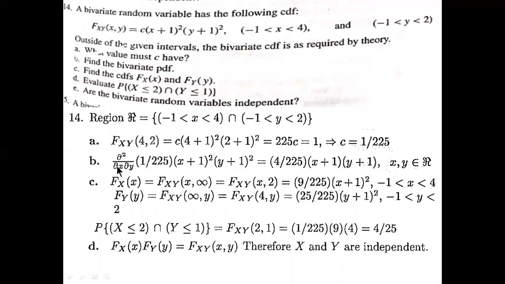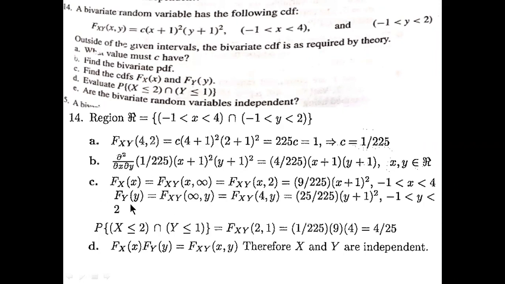So that is del square by del x del y of the whole thing which we have written over here. C is now 1 by 225, therefore it is already written there. Then (x plus 1) whole square is as it is, (y plus 1) whole square is as it is. And that will give us 4 by 225, (x plus 1) into (y plus 1).